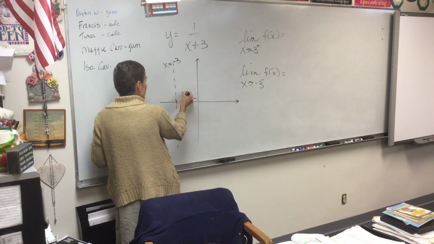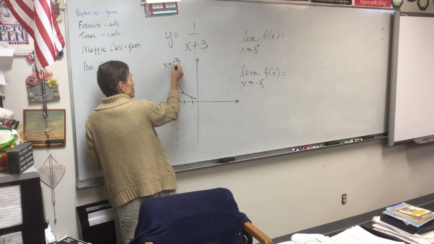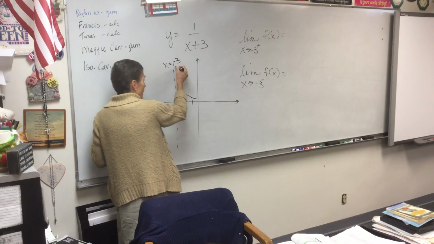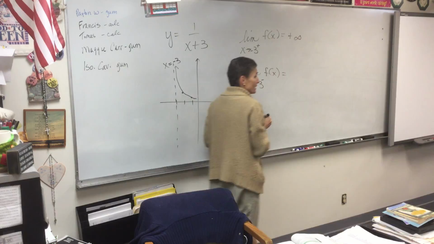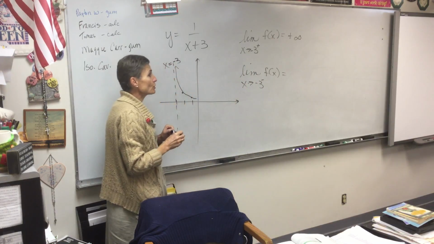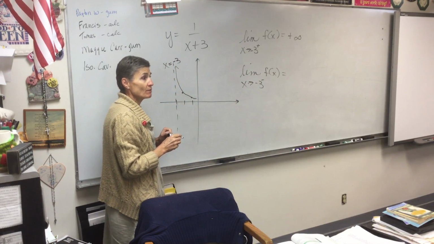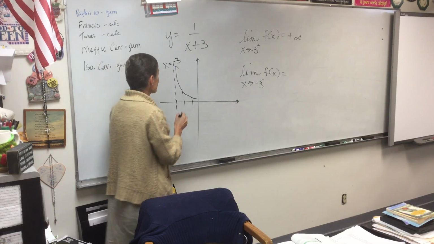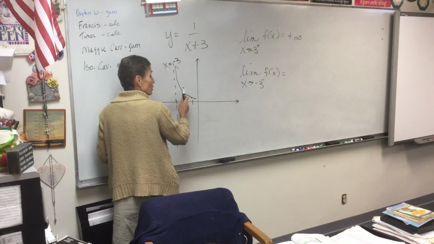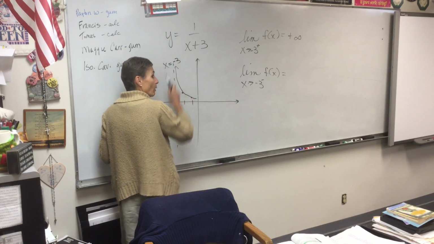So as I approach the asymptote, which direction is my pencil going? Up. So this answer would be positive infinity. What you're doing is describing the behavior of the curve around its asymptotes. So you're saying, as we approach this asymptote from the right, we go up.